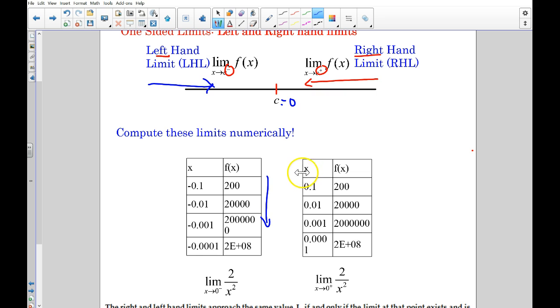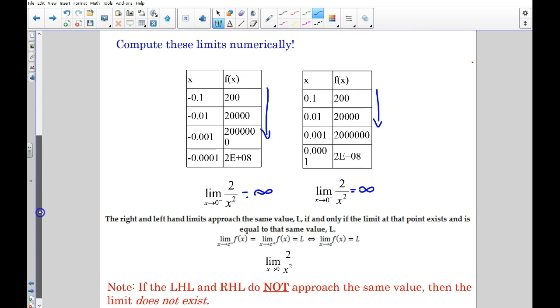And again, for the right hand limit, I would take values coming in from the right, getting close to my value, so 0 in this case, and look at the trend that happens in f of x. In both of these cases, it looks to be that they approach infinity, or they grow without bound.